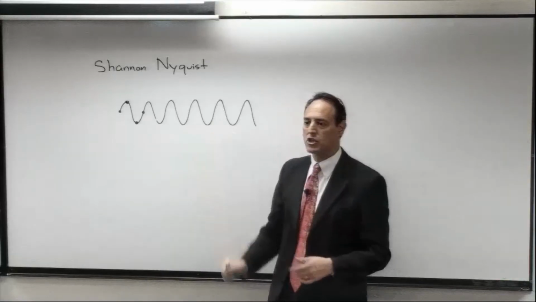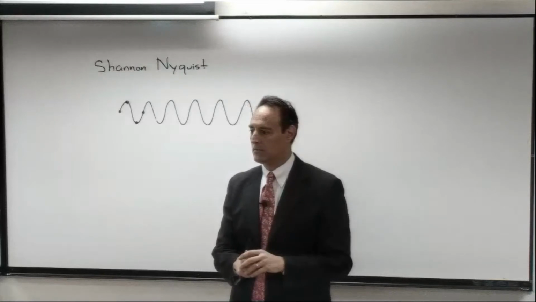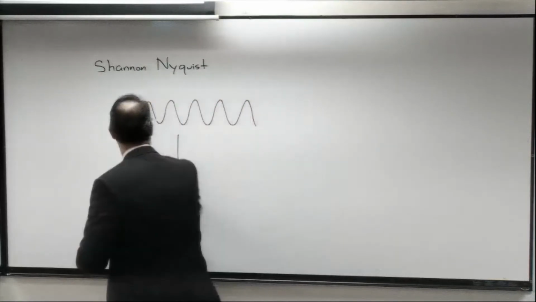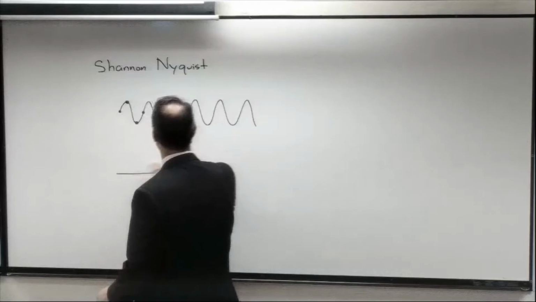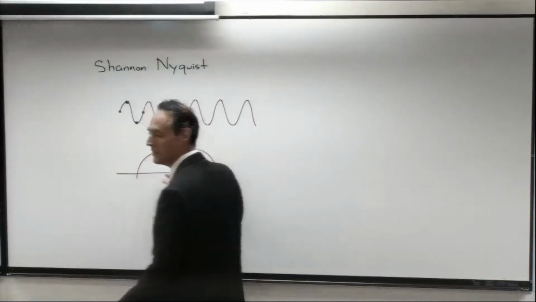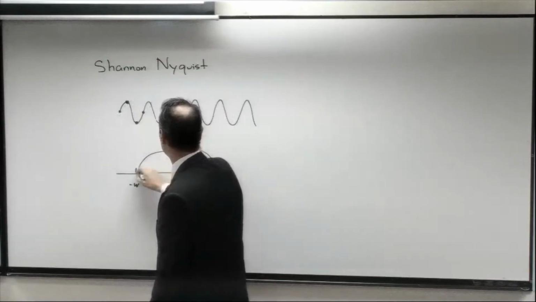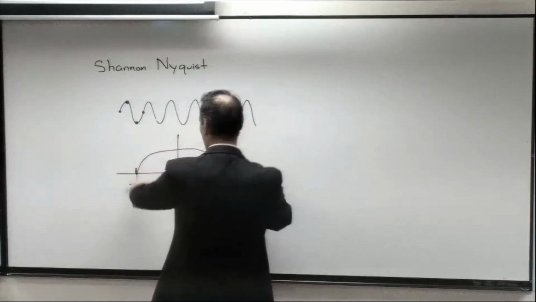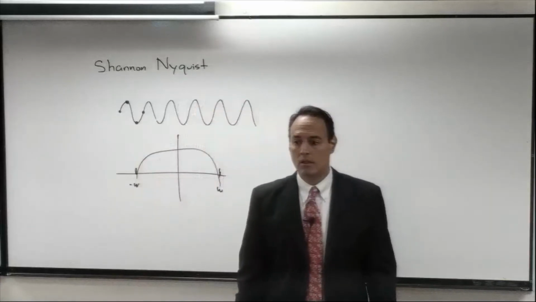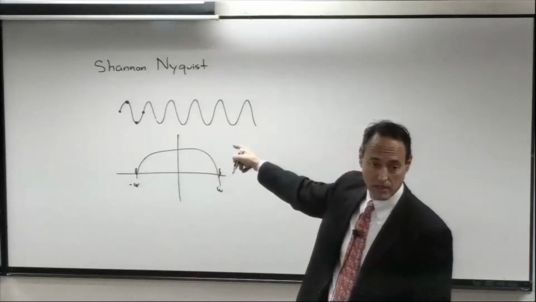Shannon Nyquist assumes that you basically have a broadband signal. In other words, this is the highest frequency, and I might have all frequencies in between. My signal goes from negative omega to omega, and this is your highest frequency, so it says all the frequencies are present. And if that's the case, you're never going to be able to beat Shannon Nyquist.